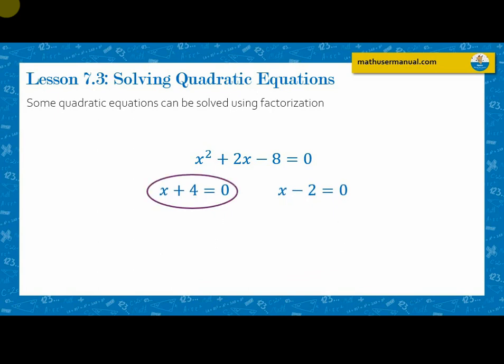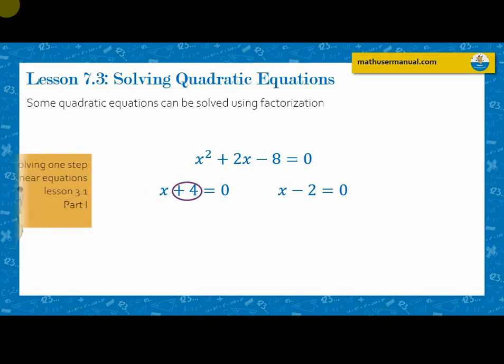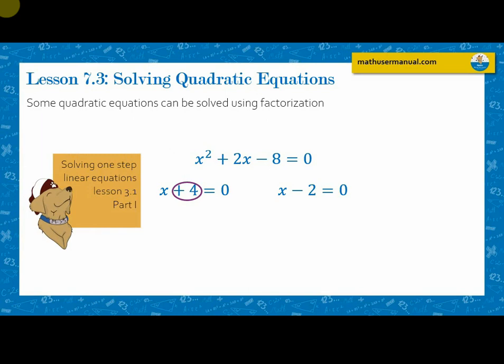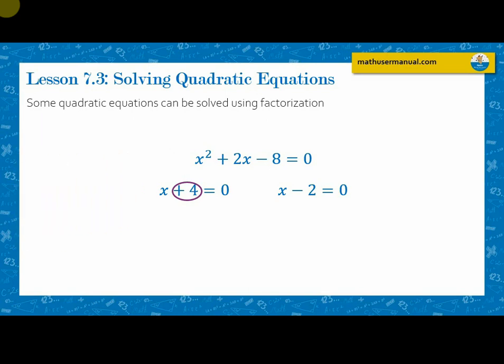Let's start with x plus 4 equals 0. We need to move that positive 4 to the other side. One more time, we learned this in lesson 3.1. The 4 is positive, so we make it negative. That way we can cancel the 4 next to the x. But if we do minus 4 on the left, we also do minus 4 on the right. 0 minus 4 gives us x equals negative 4.